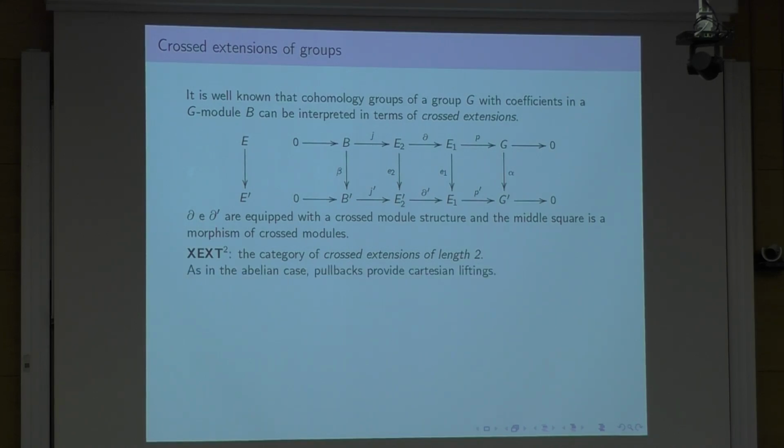And we can do again, as in the abelian case, a procedure by taking pullbacks. So you start with a crossed extension E, you take a morphism over G, you pull it back, and again you get a crossed extension with the same kernel.